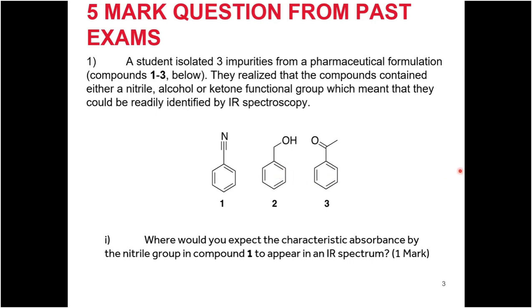They realise that the compounds contain a nitrile group, which is here, alcohol, or ketone functional group, which means that you can differentiate them using infrared spectroscopy. So where would you expect the characteristic absorbance by the nitrile group in compound 1 to appear in the infrared spectrum? And this will get you 1 mark.